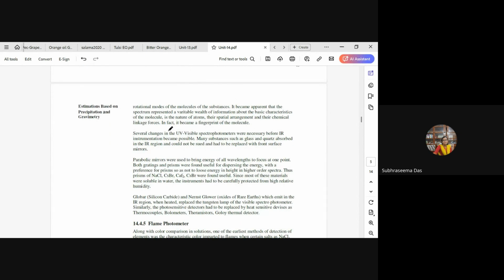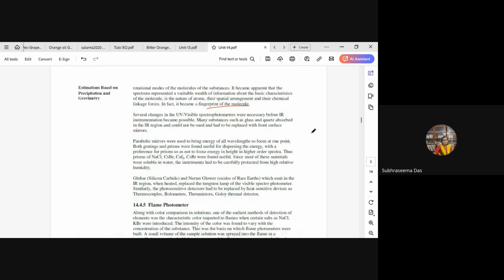It became apparent that the spectrum represented a wealth of information about the basic characteristics of the molecule, the nature of the molecule, and the different functional groups present inside it. The IR spectrum is now called the fingerprint of any molecule. Several changes in UV visible spectrometers were necessary before IR instrumentation was possible.